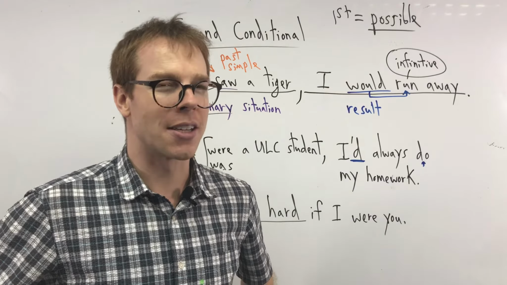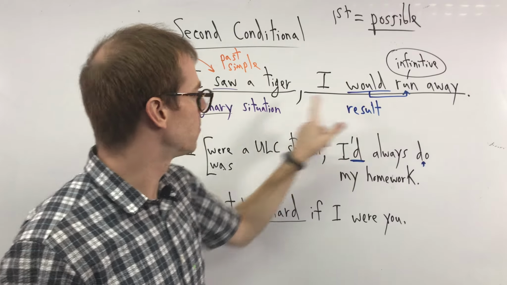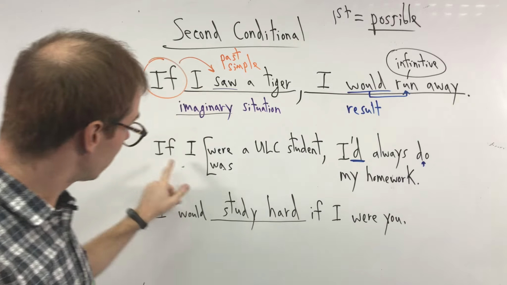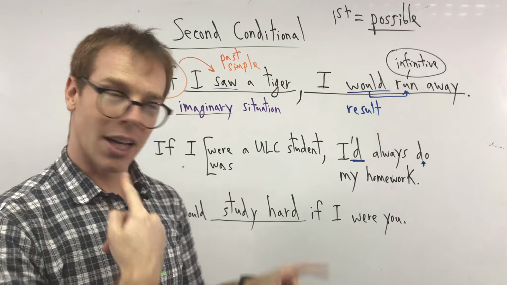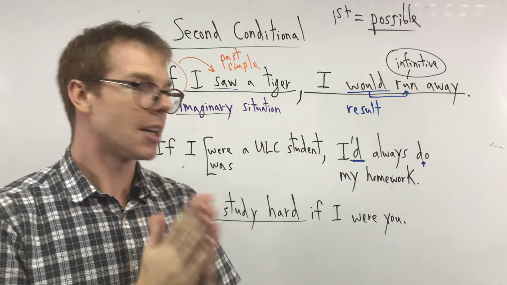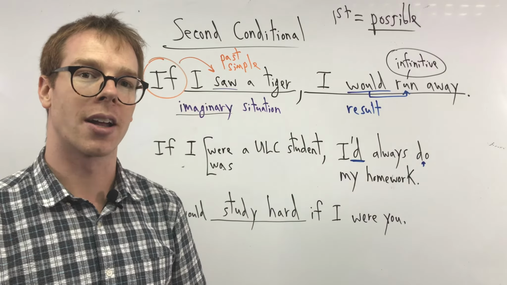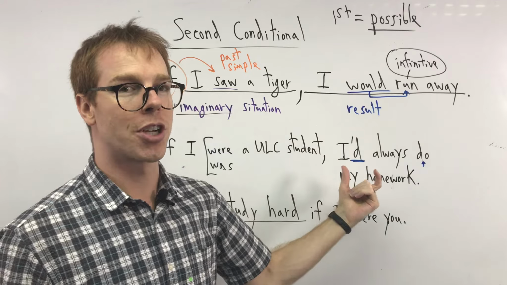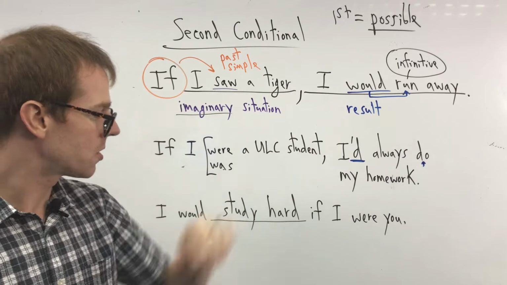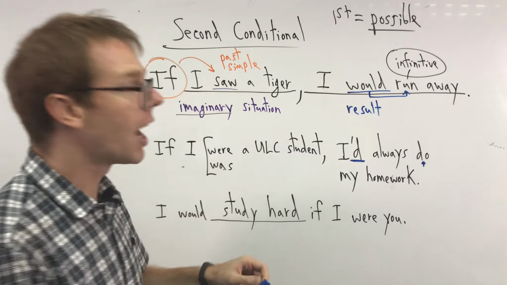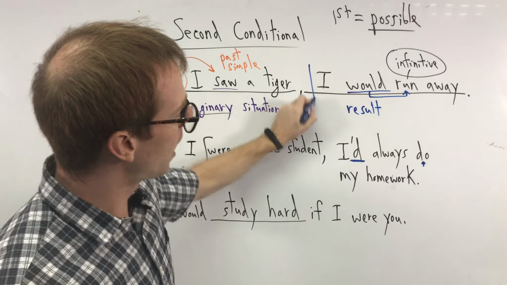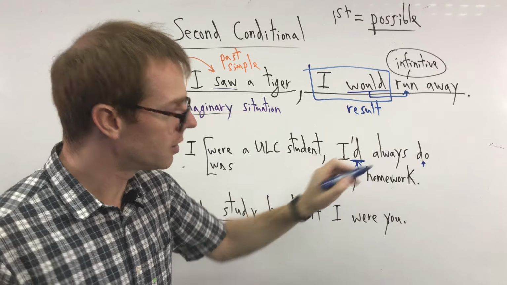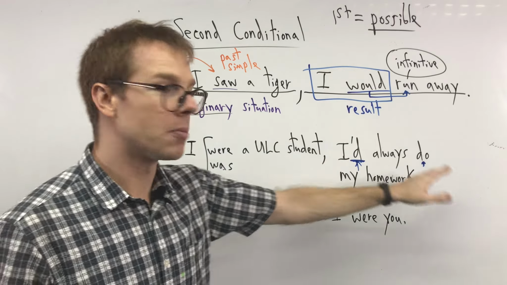So I can use the would for my imaginary situation. For our students, I could say, if I were a ULC student, I'd always do my homework. And when people speak, they often use this shorter version. We take the I would and we shorten it to I'd. I'd always do my homework.